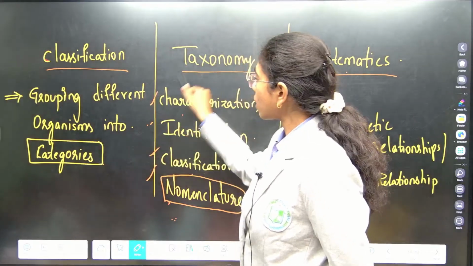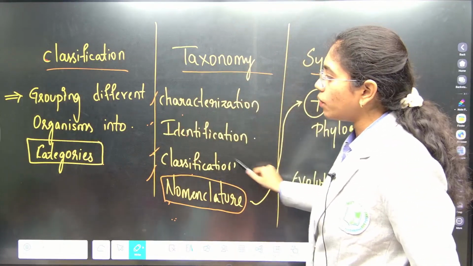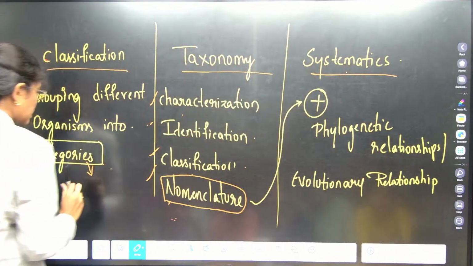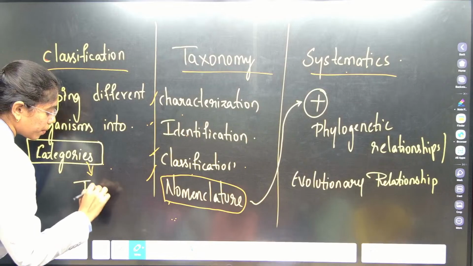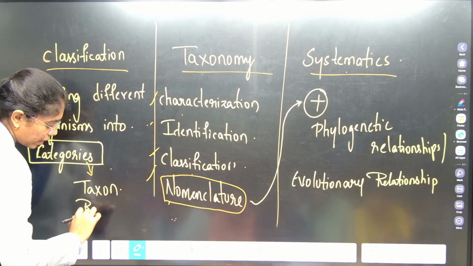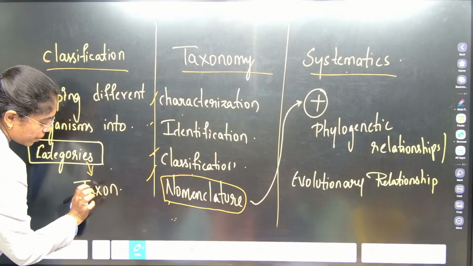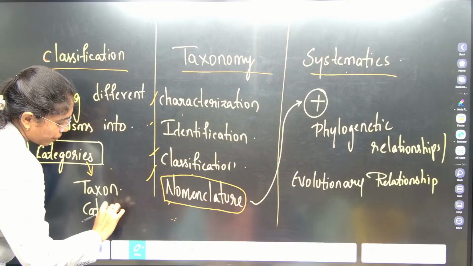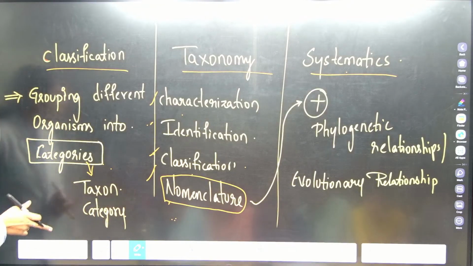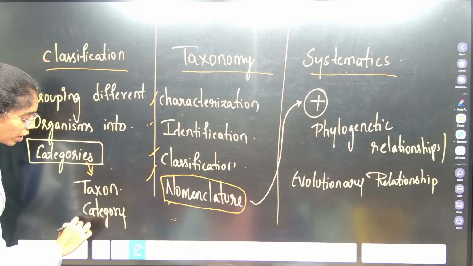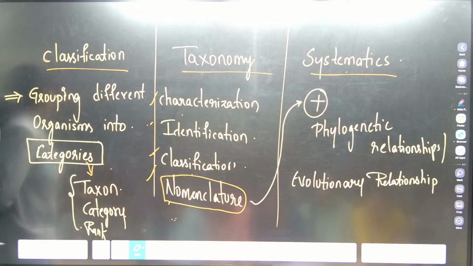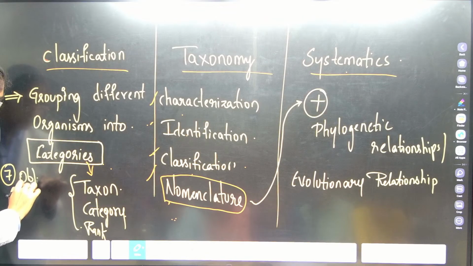After characterizing and identifying, you will classify them into categories. These categories are also known as a taxon or a rank. Taxon or category is one and the same. How different taxons are placed, that you will learn in rank. You have 7 obligate categories.